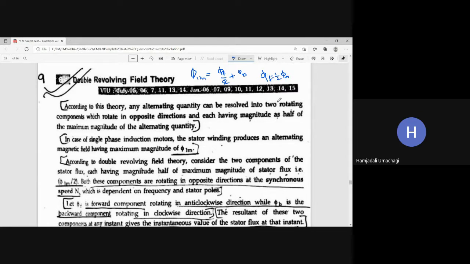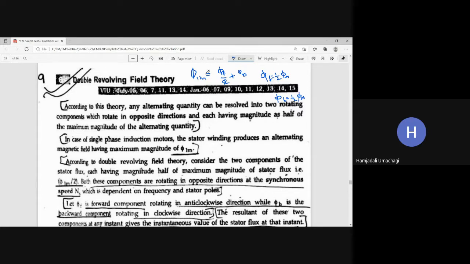Similarly, the backward flux phi b is also half of phi 1m.